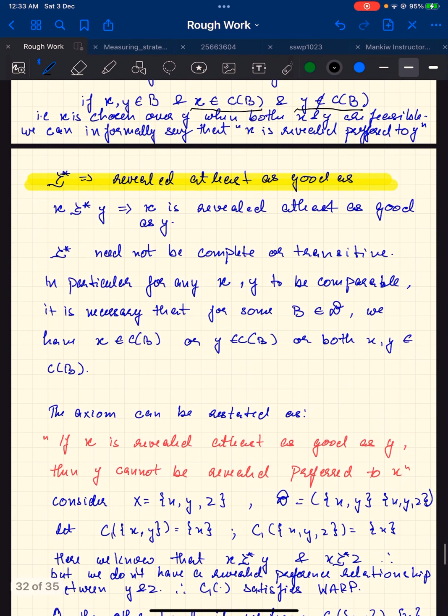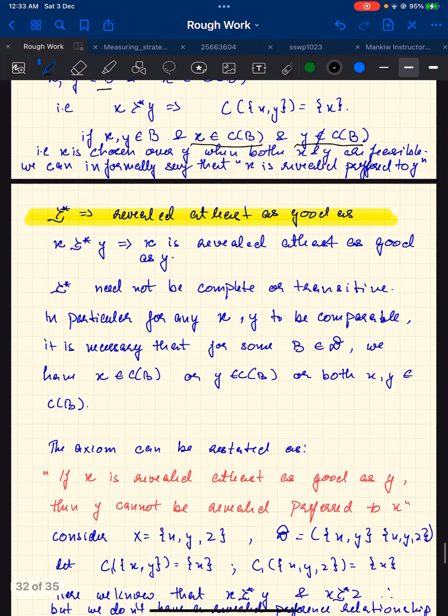Now, the at least as good as relation need not be complete or need not be transitive. So we're not saying that preferences can't cycle. We're not saying that we can't have a situation where the revealed at least as good as relation cycles.